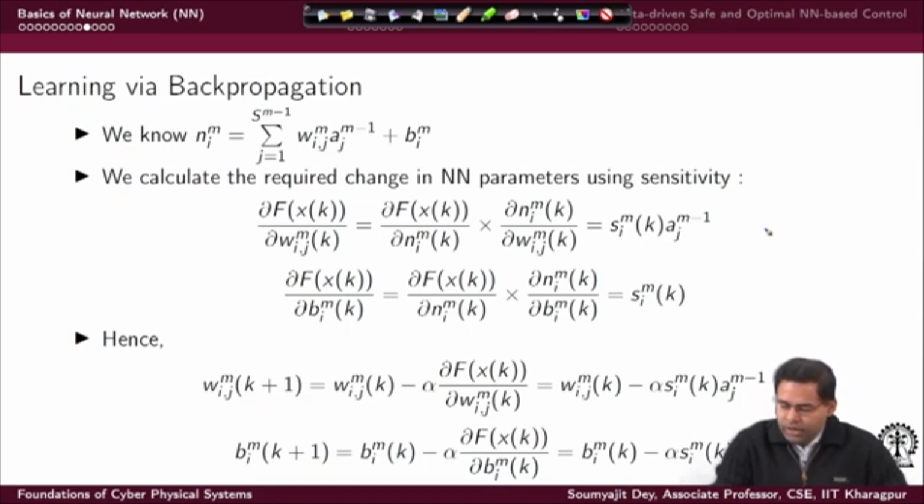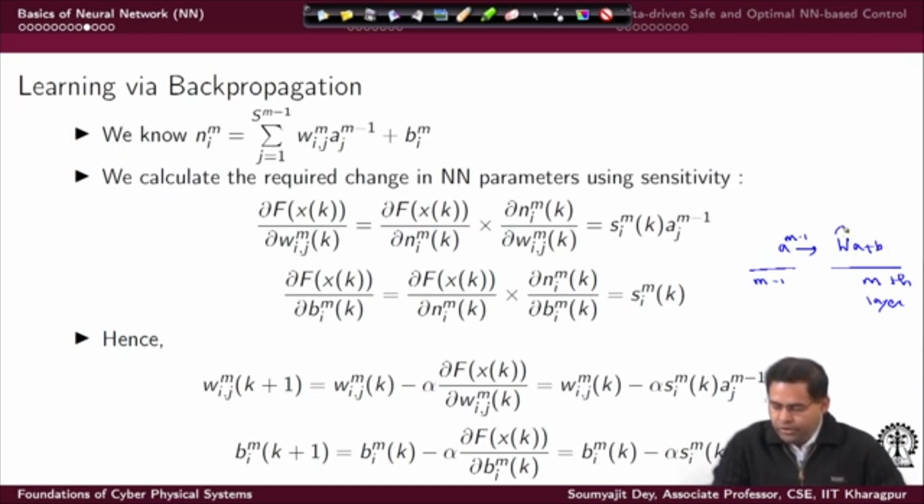Let us say you have this output coming from the m minus 1th layer, and this is the mth layer. The output that comes is a m minus 1. I am not writing the jth index or ith index, I am writing the thing as a whole. This gets multiplied with the weight w, and then the bias gets added, and that is your n in the mth layer.